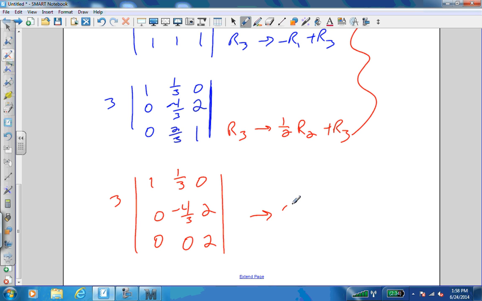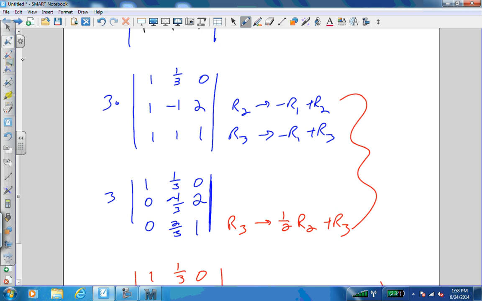So this determinant is 3 times, multiply that down the diagonal, so 1 times negative 4/3 times 2. Notice the 3's cancel, so 1 times negative 4 times 2, so negative 8. So that's the determinant of A.